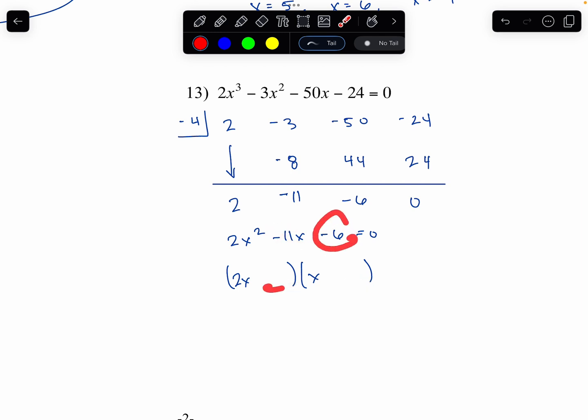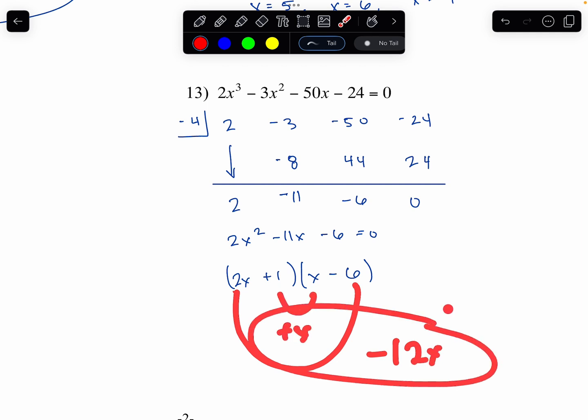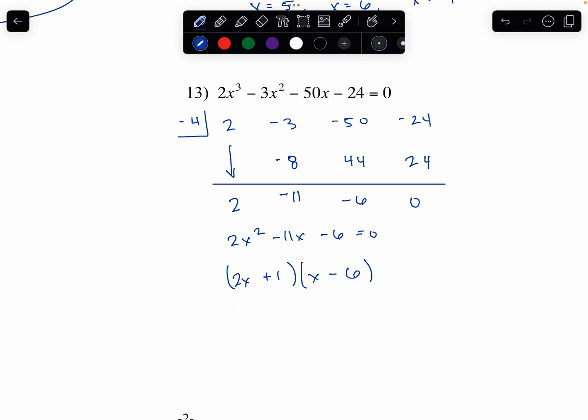So only multiply to be -6, and we have to figure out which of these would add to be -11. So I'm going to say -6 here and +1 here, and let's check. I think that's right. So this becomes -12x. This becomes plus x, but when you add them together, it's going to be equal to -11x. So it checks out.